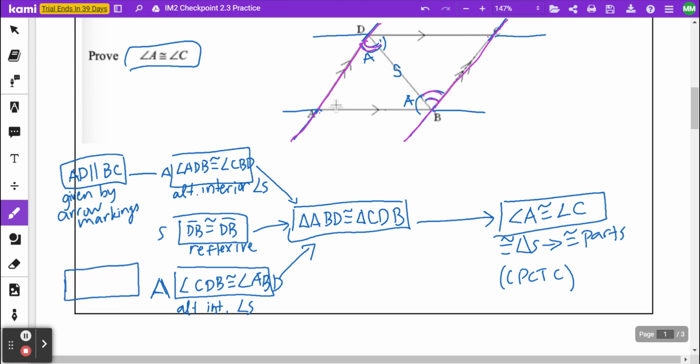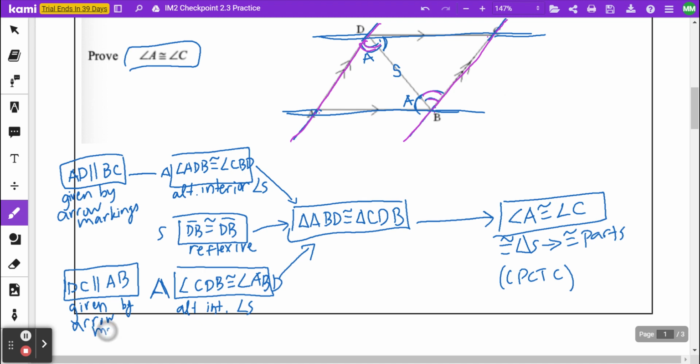For this pair of angles, I will use this pair of parallel lines because the alternate interior angle must touch the parallel lines. So I have DC is parallel to AB, and that is again given by the arrow markings.